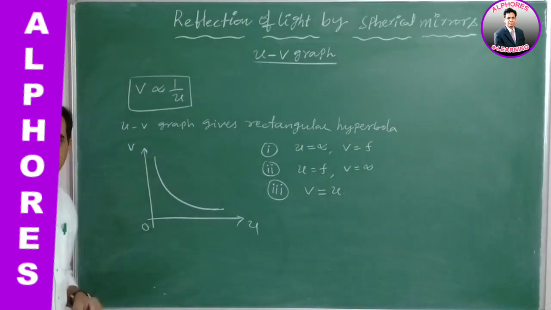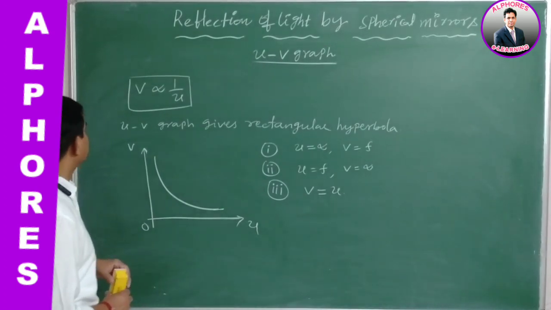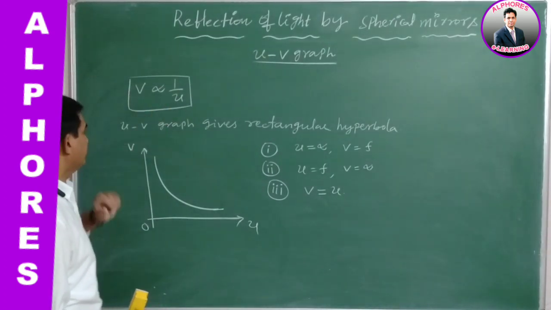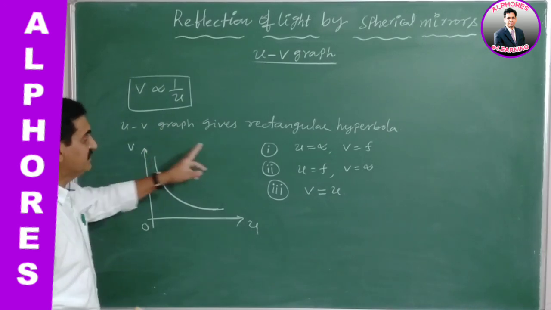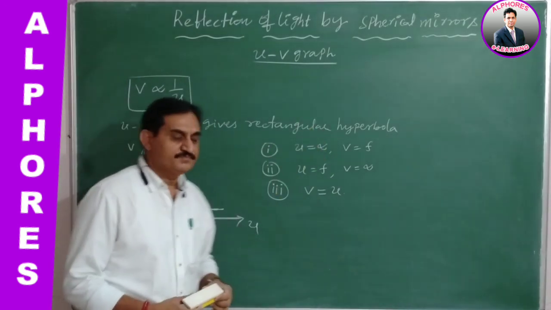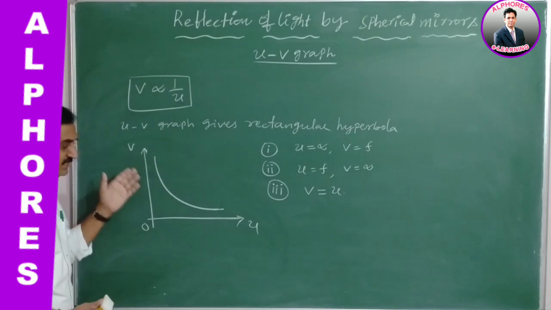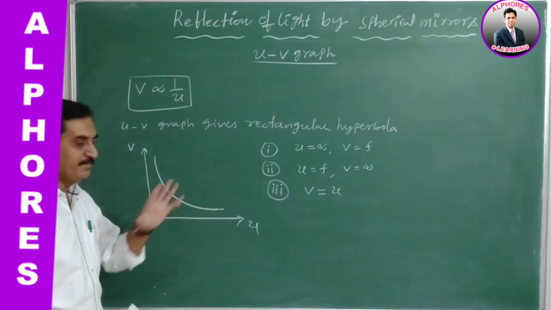So V is inversely proportional to U. Whenever a graph is drawn between U and V, it gives a rectangular hyperbola, as shown in the diagram.